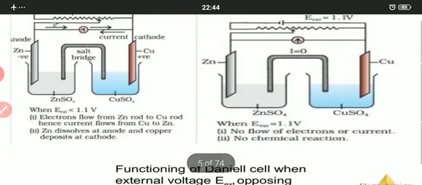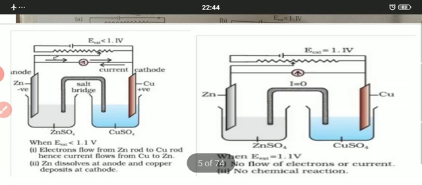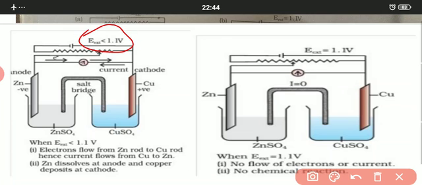So see the figure. If we apply external voltage less than 1.1 volt, then what happens? Electron flows from zinc rod to copper rod, means the electron moves in this direction. Now what happens? Zinc dissolves at anode and copper deposits at cathode.